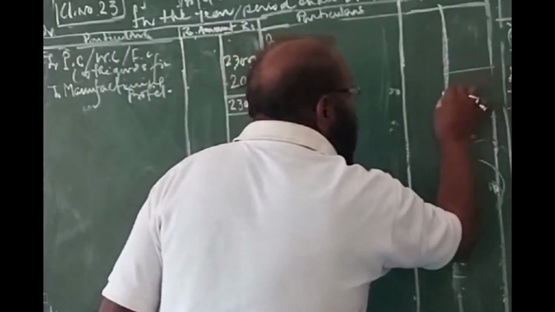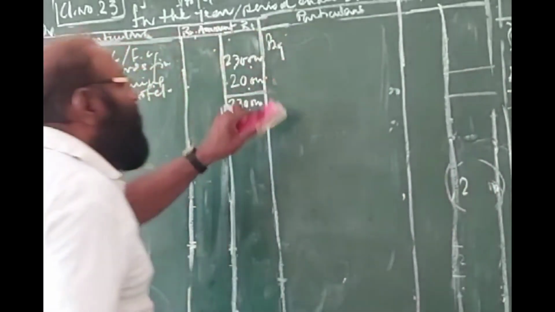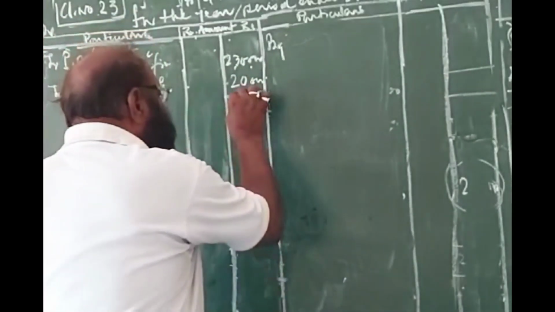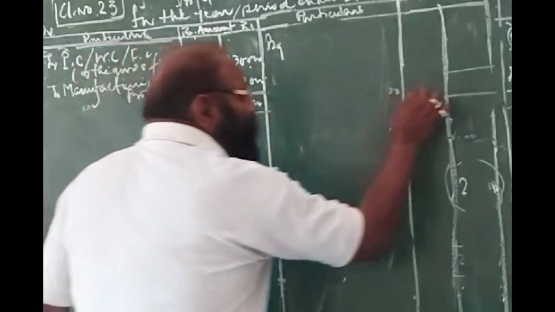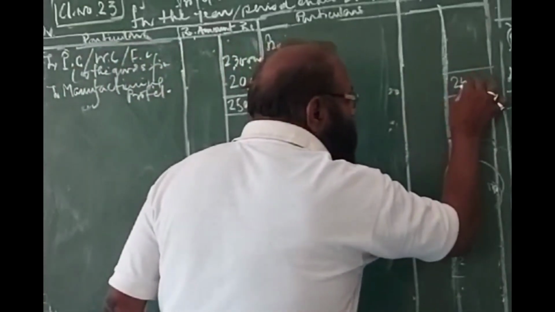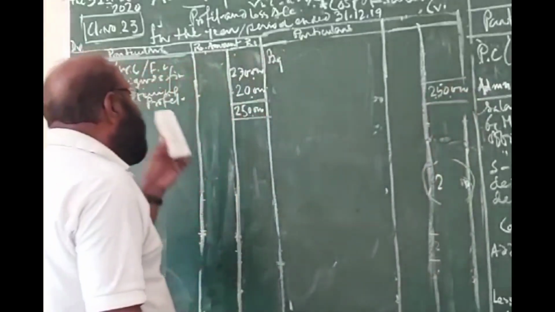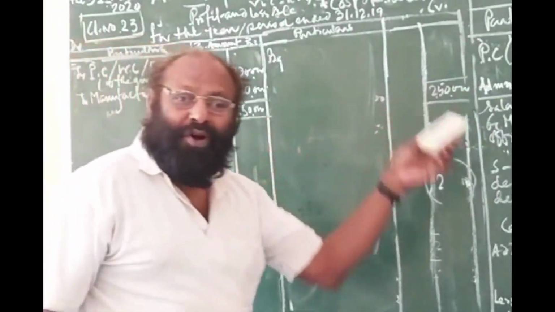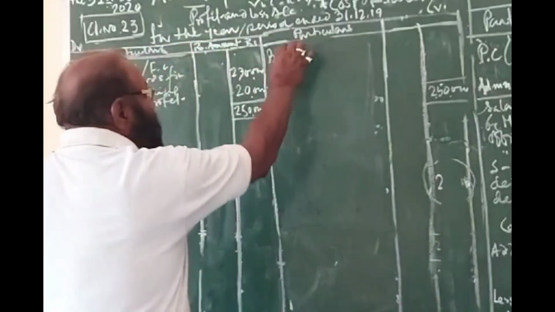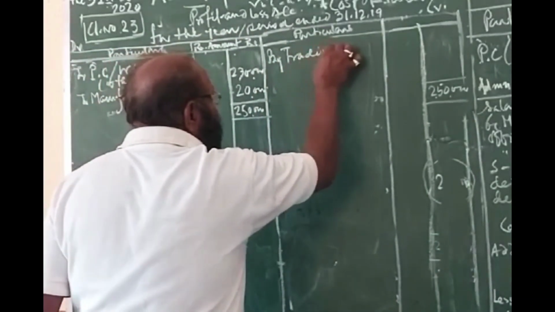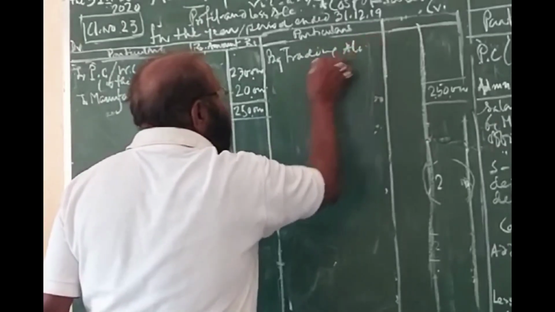Clear? And this is treated as 2,50,000. So 2,50,000 is the cost of the goods that have been produced or purchased, and that is transferred to the trading account.